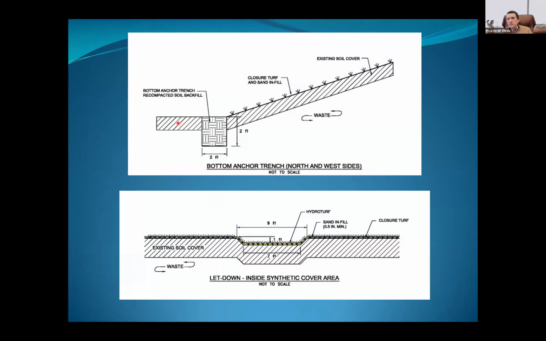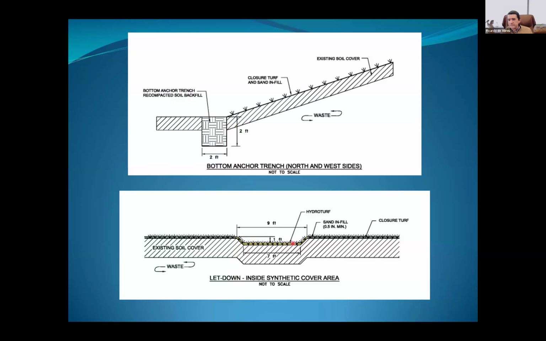So here's a cross section of the system. We had your 12-inch existing soil cover, closure turf and sand fill here, and you anchor that at the bottom and also on the top. Here is a detail of the bottom anchor trench, compacted with soil infill.